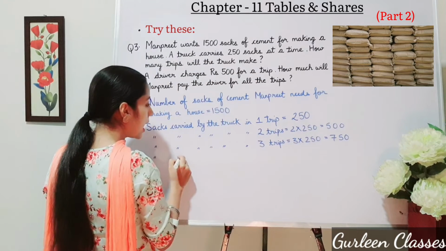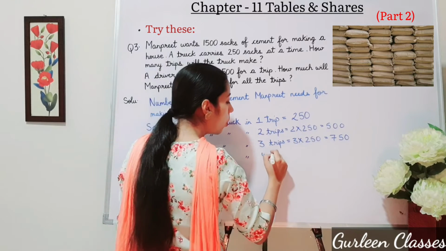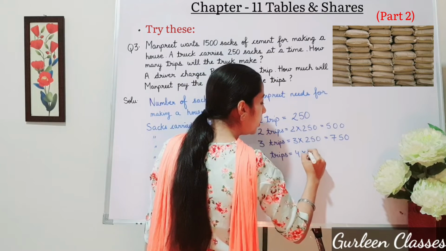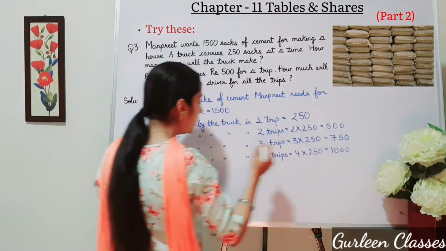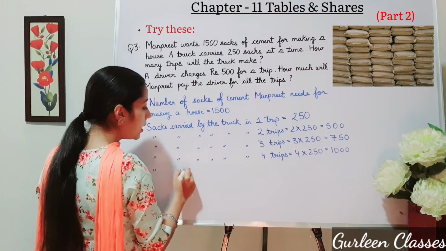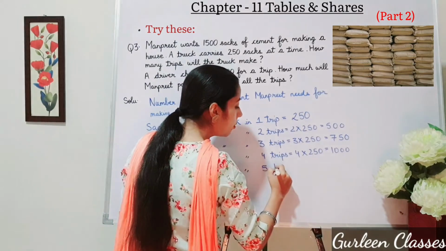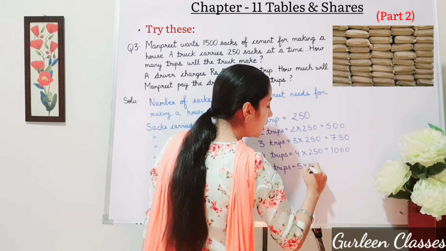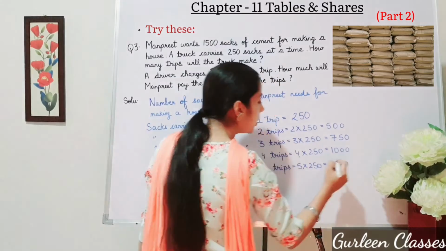Then sacks carried by the truck in 4 trips. It will be 4 into 250, that is 1000. Then again sacks carried by the truck in 5 trips. You will multiply 5 into 250, that is 1250.